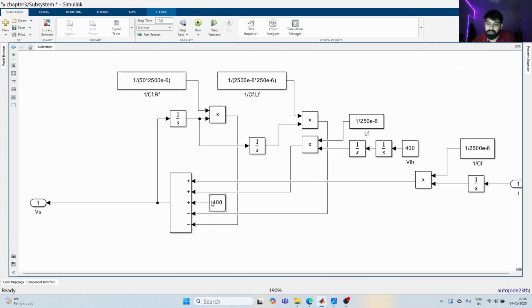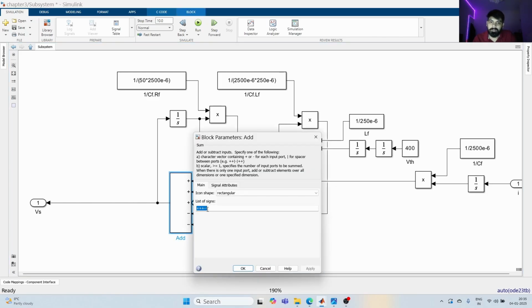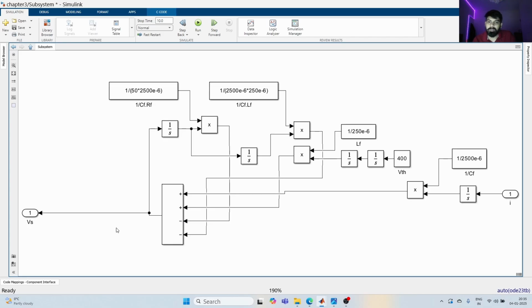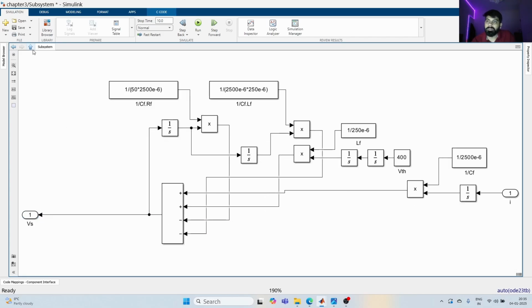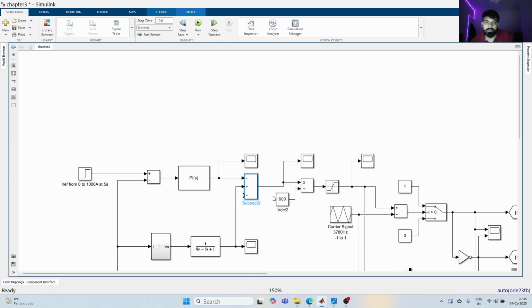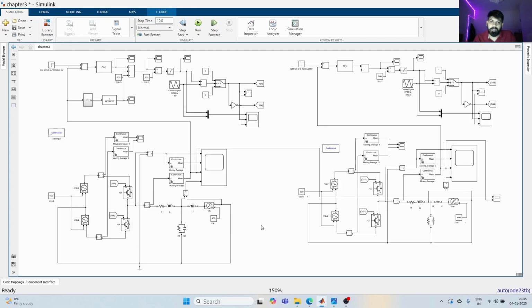So let's try to change it. Now what if we add a constant block here with 400 initial voltage?